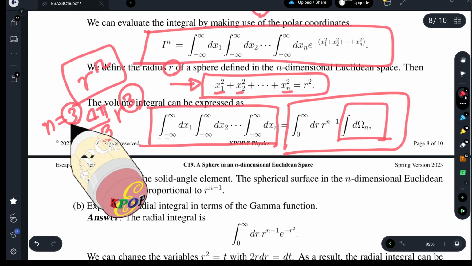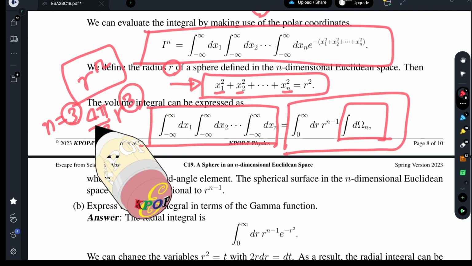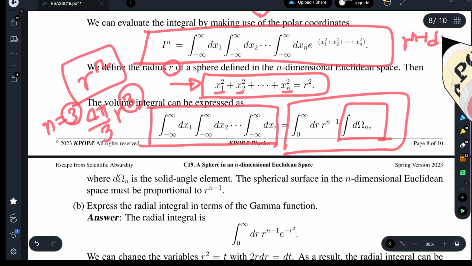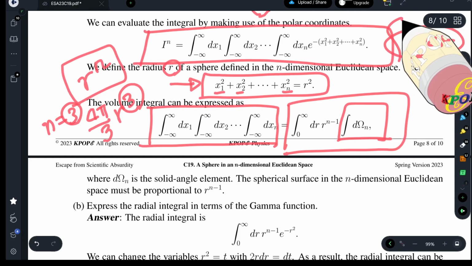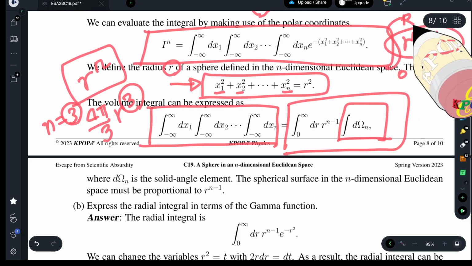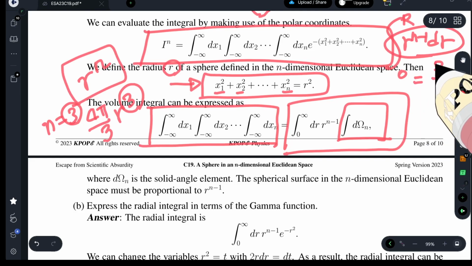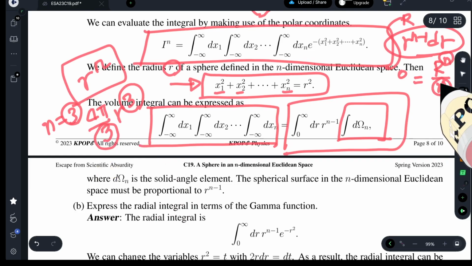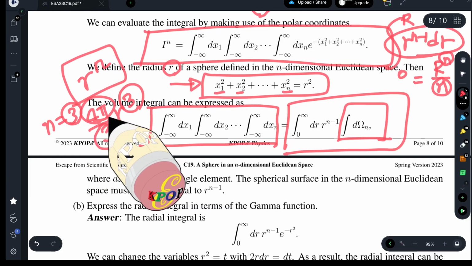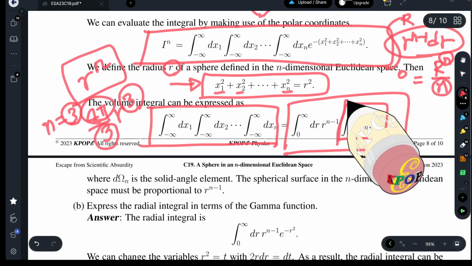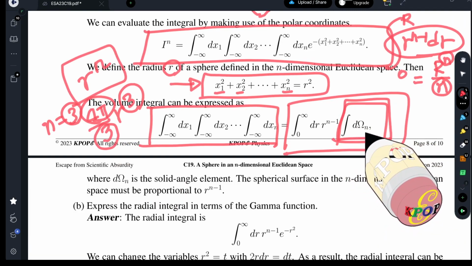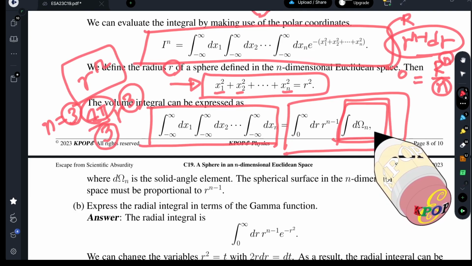The volume element should be r to the n minus 1 dr. If we integrate over this, you will find r to the n over n, and the 3 appears to be the same. In addition, this is the solid angle that is represented by the integral of d omega n for any arbitrary dimension.